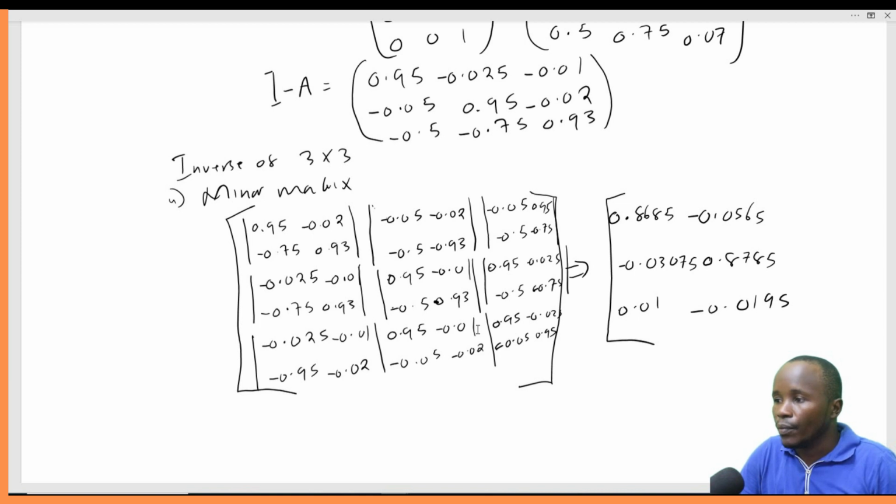Finally, we move to the third column, where you get 0.05 times 0.75. Product of the main diagonal, subtract the product of the other diagonal, which gives you 0.5125.